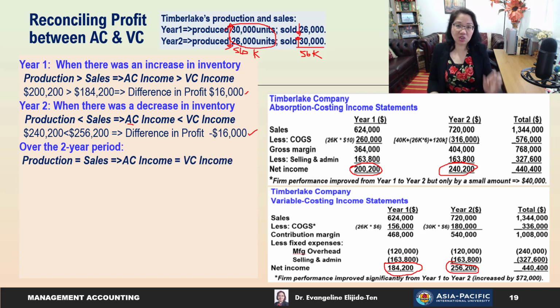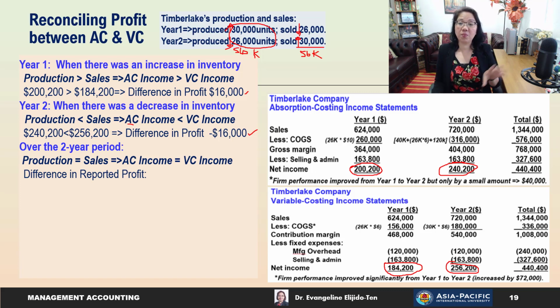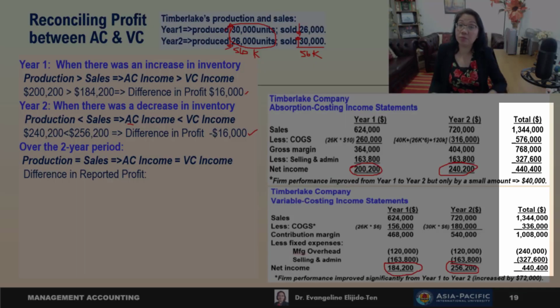So when production is equal to sales, there's no change in inventory. And therefore, profit under absorption and variable costing will be the same. So when there's no change in inventory, remember, when we started year 1, we have 0 inventory. When we end in year 2, we have 0 inventory. So there was no change. All right. And that's why profit under absorption and variable costing are exactly the same over the 2-year period in the total column.